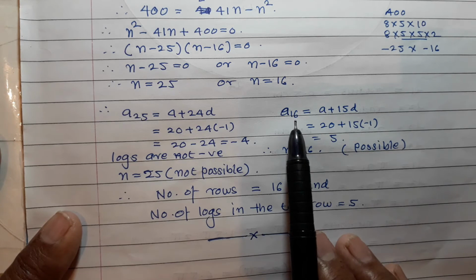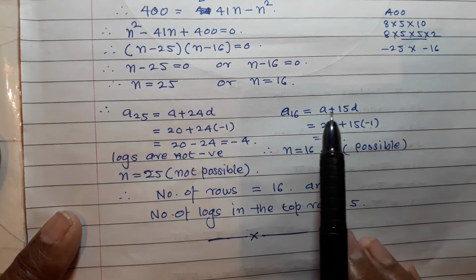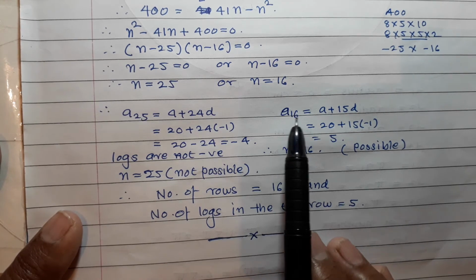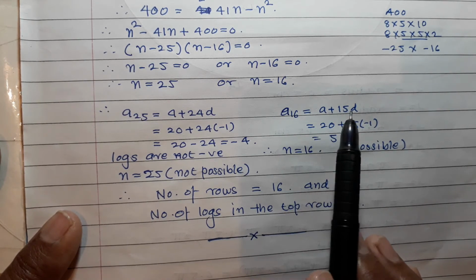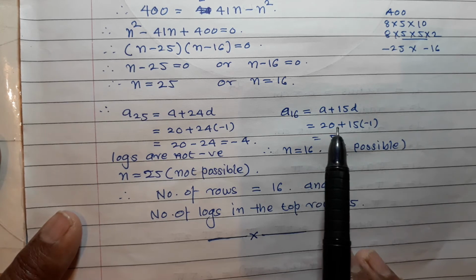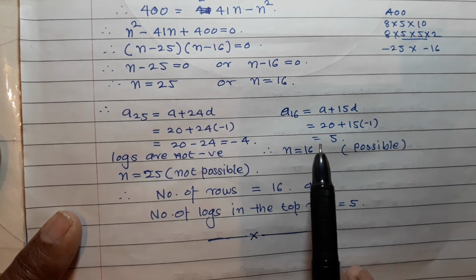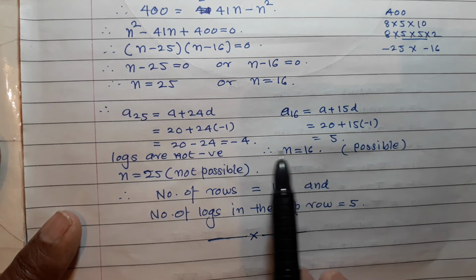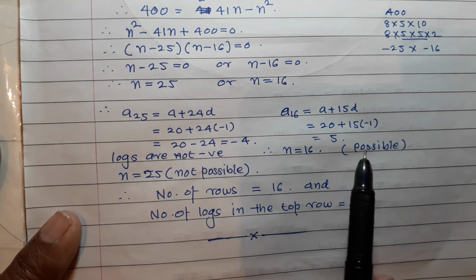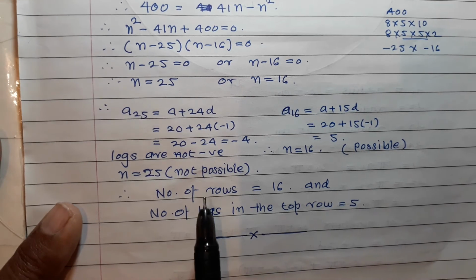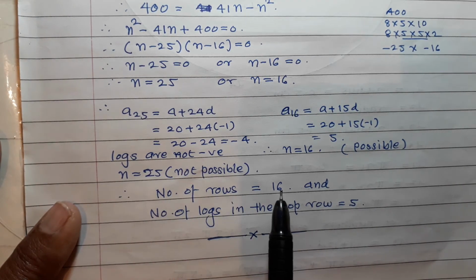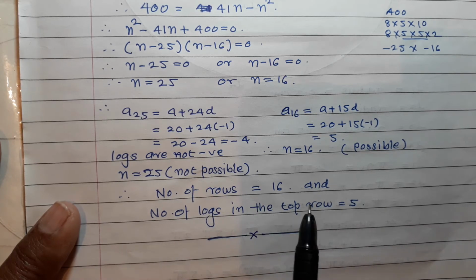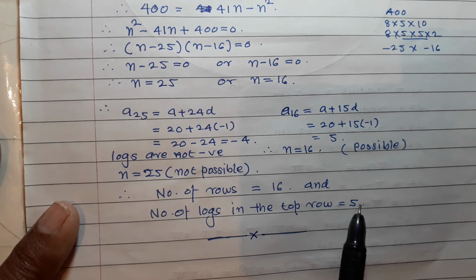So n is equal to 16 is possible, and therefore A16 is equal to a plus 15d, which is 20 plus 15 into minus 1, which gives you 5. So the number of rows is equal to 16 and the number of logs in the top row is equal to 5.